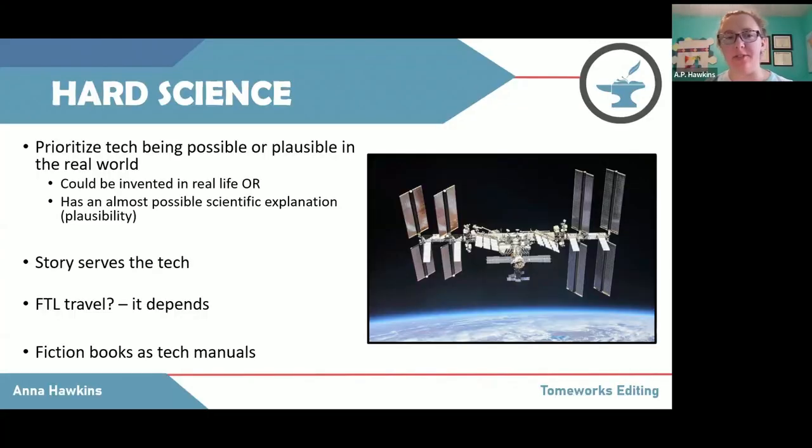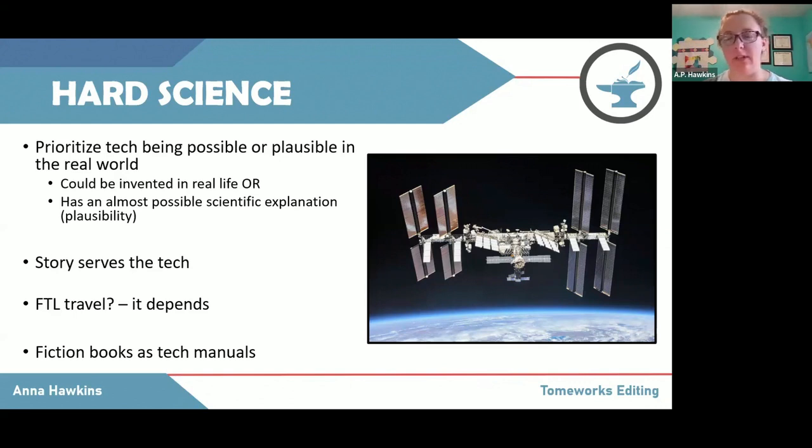I've already mentioned faster than light travel. In hard science fiction, it depends. Baseline, FTL travel violates the laws of physics in whatever understanding, and so it's not possible. And so a lot of hard science fiction does not have FTL travel. Now, there are some works of hard science fiction, or science fiction that a lot of readers and even the authors would consider to be hard science fiction, that do feature certain versions of FTL travel that are considered more plausible based on our understanding of science.